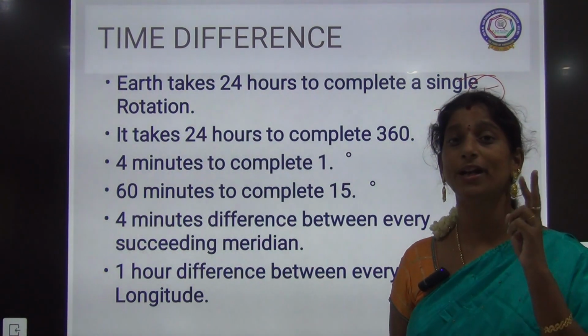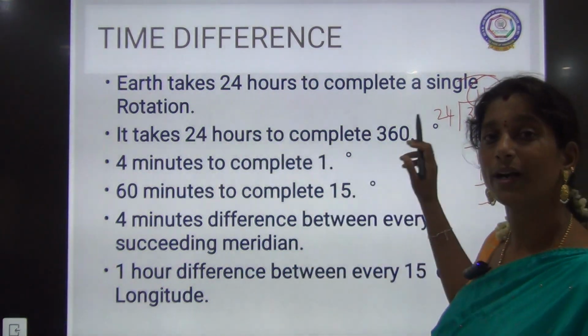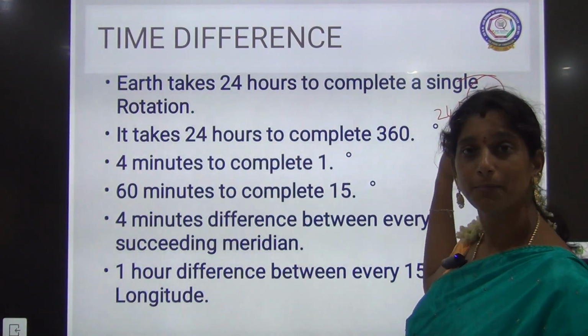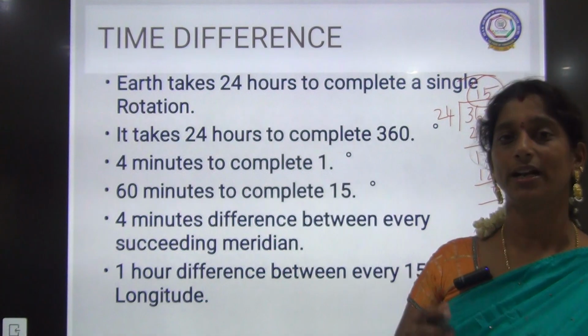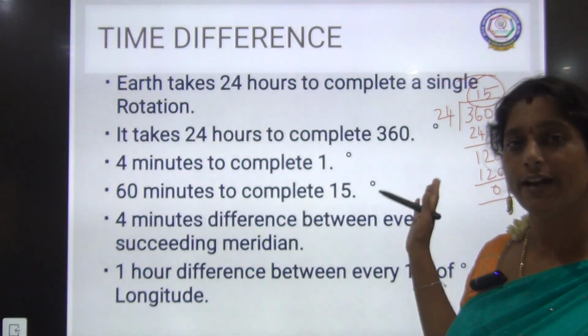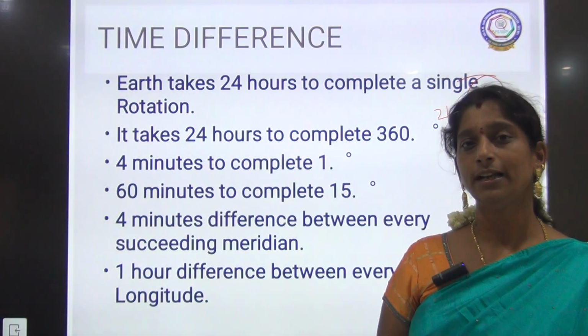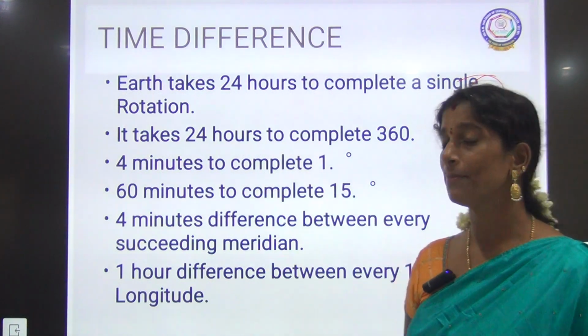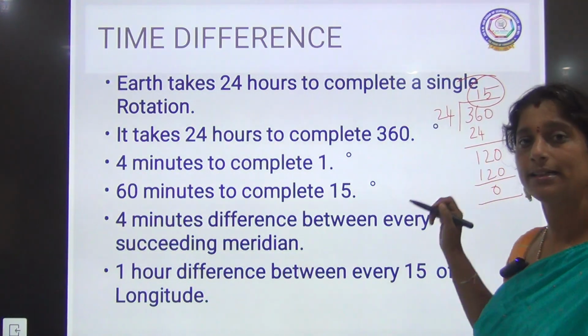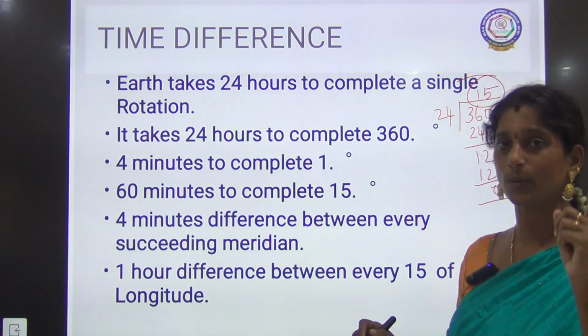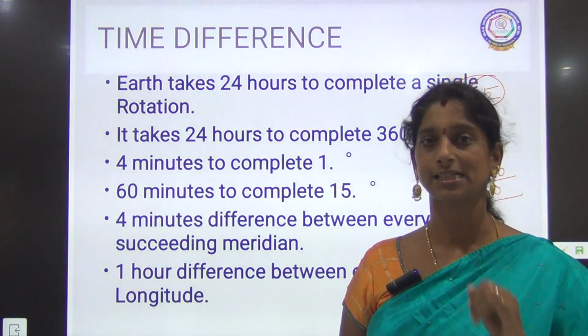I have said it is 24 hours. So when we divide 360 degrees by 24, we get 15, which means 15 degrees per hour. Clear? So Earth completes its one rotation in 24 hours, which is 360 degrees.